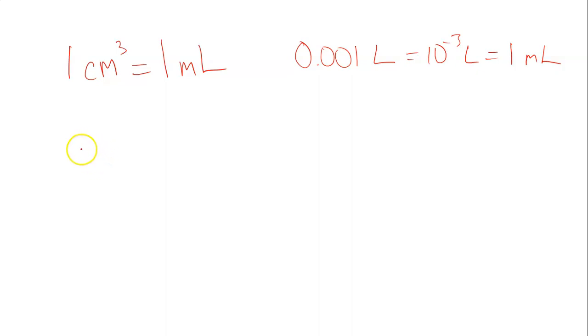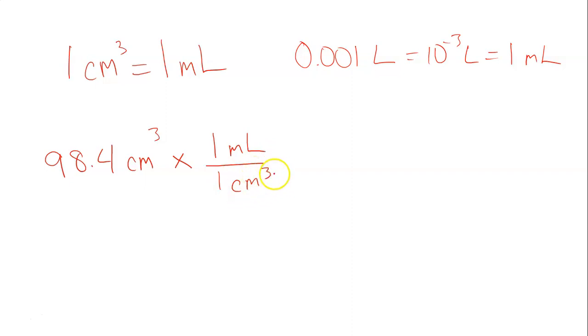So let's go through a quick example here. Say that you've done a measurement and you decided that the volume of a sphere was equal to 98.4 cubic centimeters. And you wanted to figure out how much water that would displace in liters. We would then use conversion factors to first go from centimeters cubed to milliliters. So that means I need to say that 1 milliliter is equal to 1 centimeter cubed, where I've positioned my units properly.